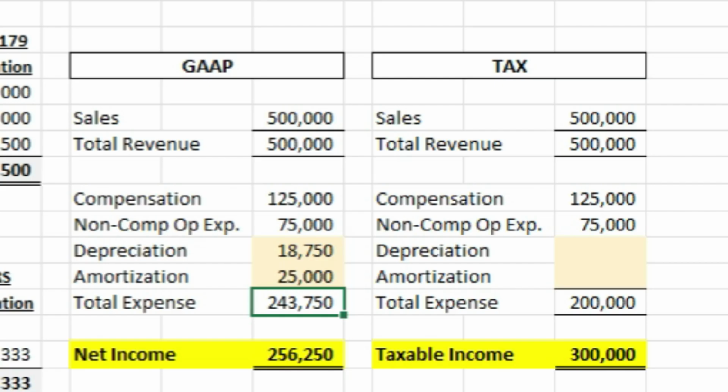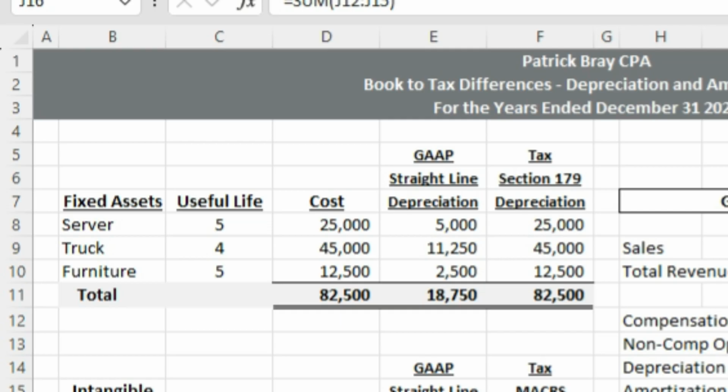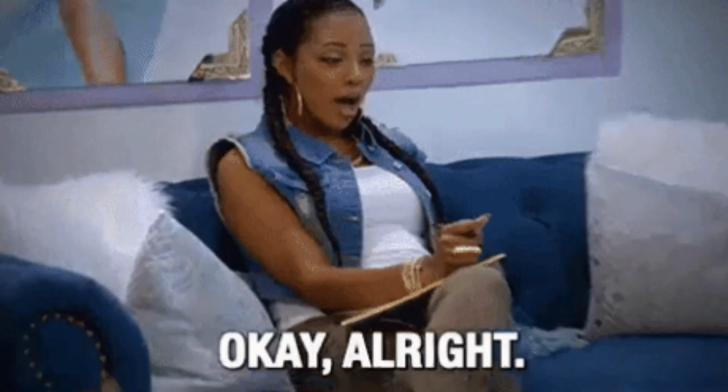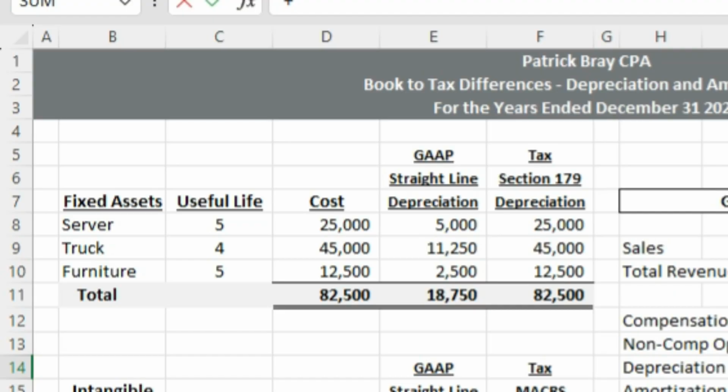Unlike the GAAP basis accounting, where you are taking a straight line depreciation approach, taking an asset, let's say the server in this example, $25,000 cost divided by a useful life of 5 years, you have depreciation of $5,000 per year for that asset. Section 179, we're going to take the full expense related to those fixed assets, as long as it's eligible for Section 179 in the year that we purchased.